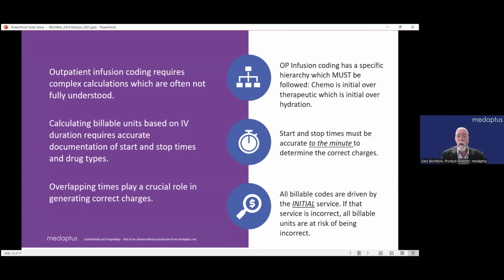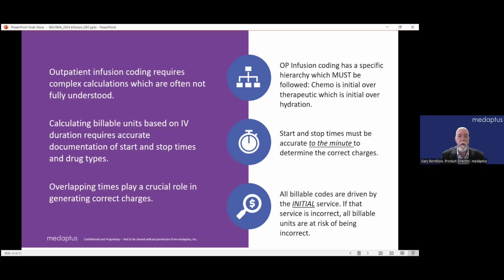Those billable codes are based on the IV duration, which requires accurate documentation of start and stop times and any drug administration event time. If you have a pause and a restart, that information has to be figured into the total duration of the infusion as well. And it's also based on drug types.